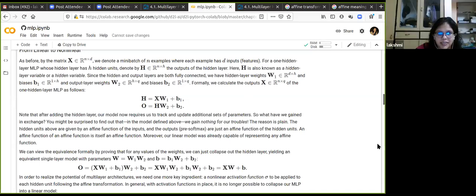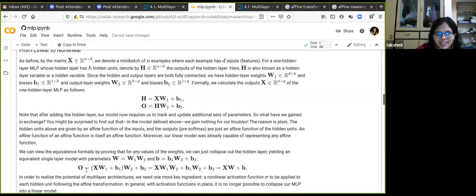Note that after adding the hidden layer, our model now requires us to track and update additional sets of parameters. So what have we gained in exchange? You might be surprised to find out that in the model defined above, we gain nothing for our troubles. The reason is plain.